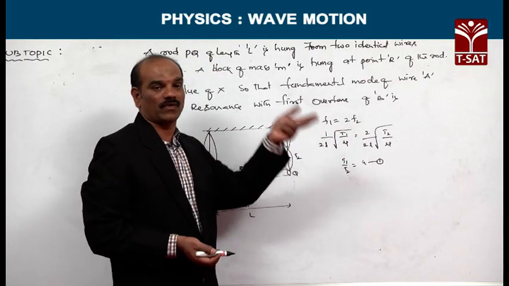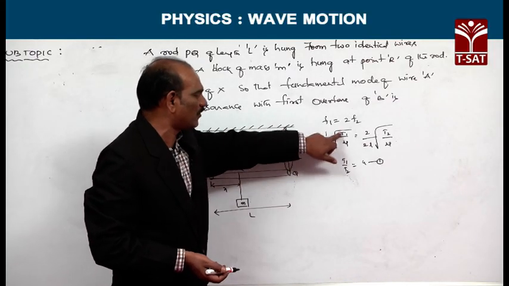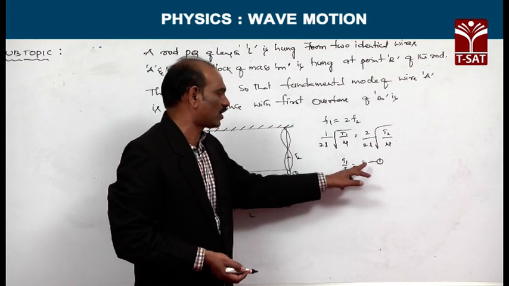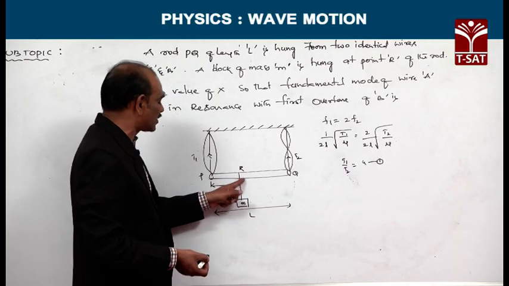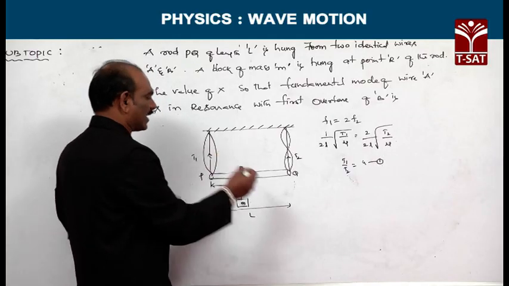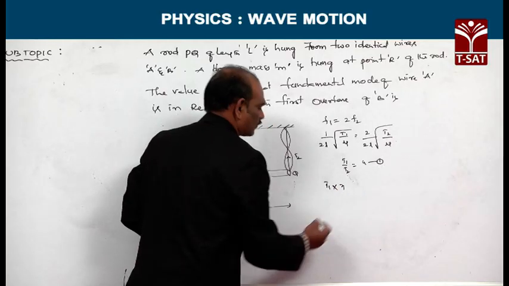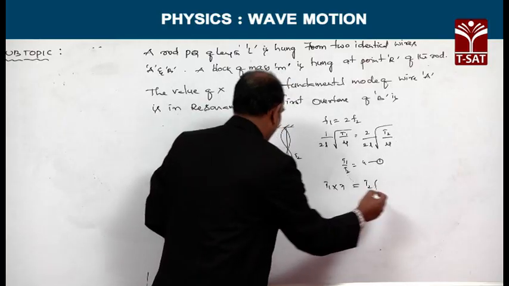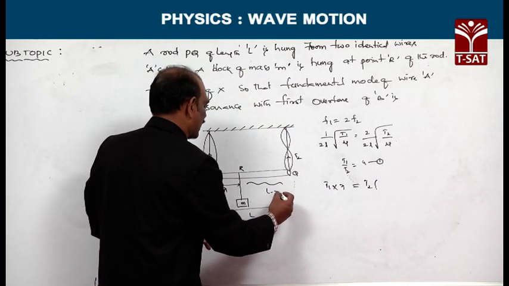We know F is equal to 1 by 2L root T by mu. So 1 by 2L root of T1 by mu is equal to 2 by 2L root of T2 by mu. From this, T1 by T2 is equal to 4, equation 1. The load m is attached at a distance of x from the end P. Therefore, according to the law of moments, the tension T1 into this distance x is equal to T2 acting at a distance of, the whole length being L, L minus x.